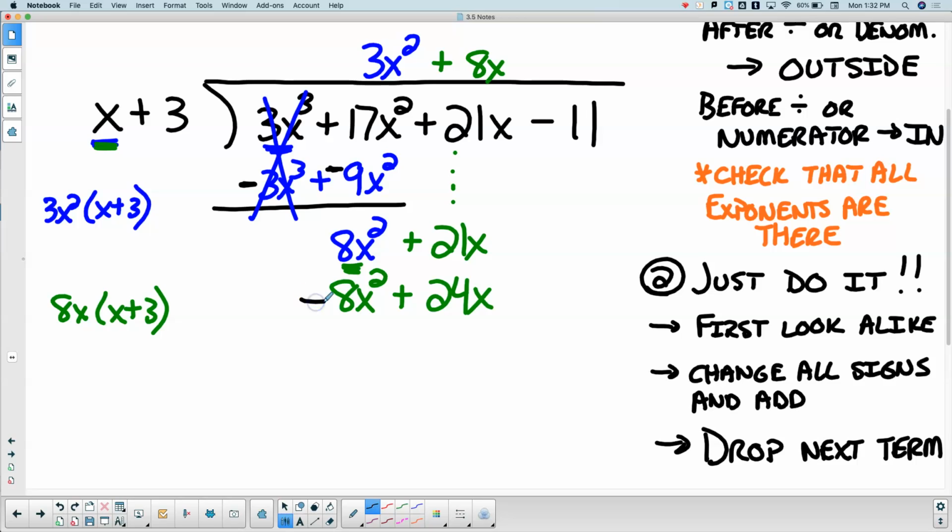And I change the signs and I add them together. The 8x squareds go away. 21x plus negative 24x is negative 3x. Then I drop the negative 11.